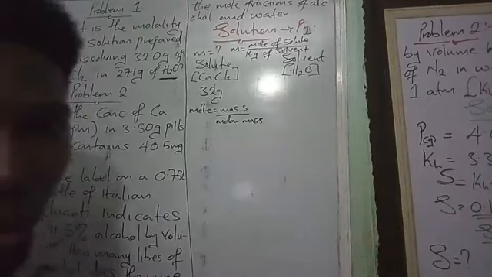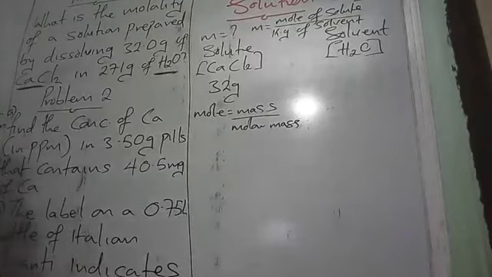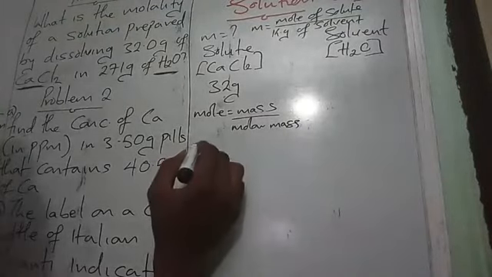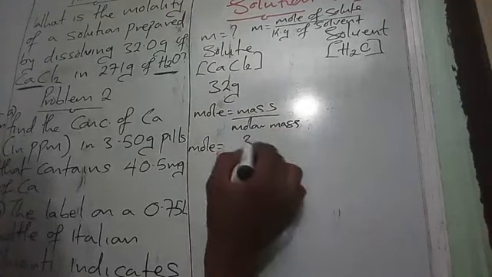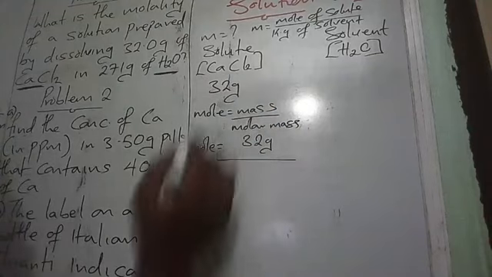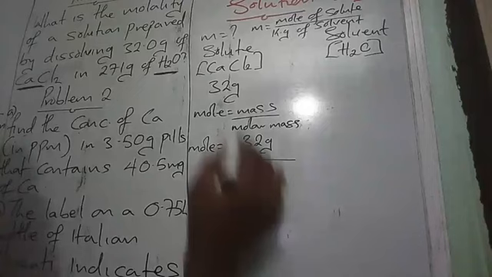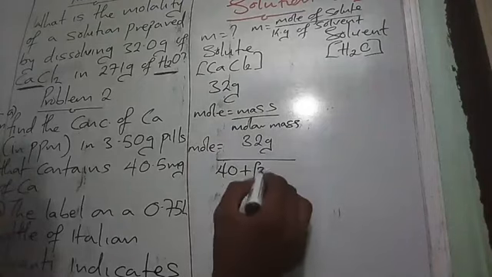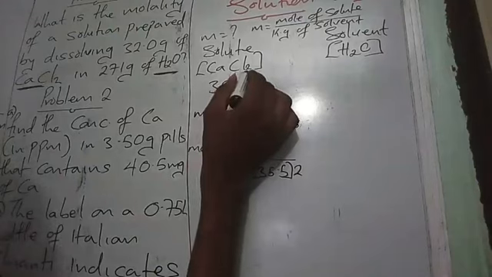So our mole of the solute is the mass, which is 32 given to us there. Now, the molar mass of calcium chloride: calcium is 40, so we have 40 plus chlorine 35.5, then we multiply it by 2 as this 2 here.